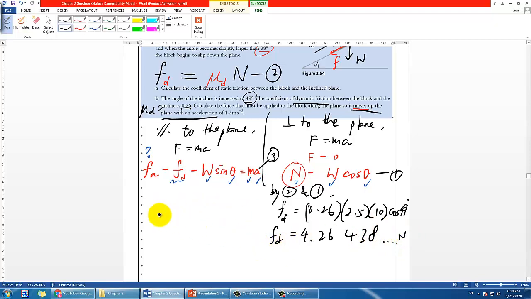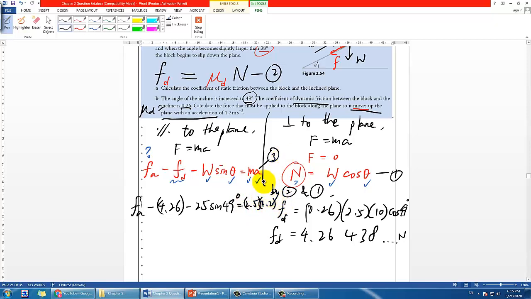And then I'll keep it in my calculator for this whole value, and then eventually you should be able to find out FA as well, because FA equals, just substitute everything we have. So 4.26 minus 25 again, sine 49 degrees, M was 2.5, a is 1.2.